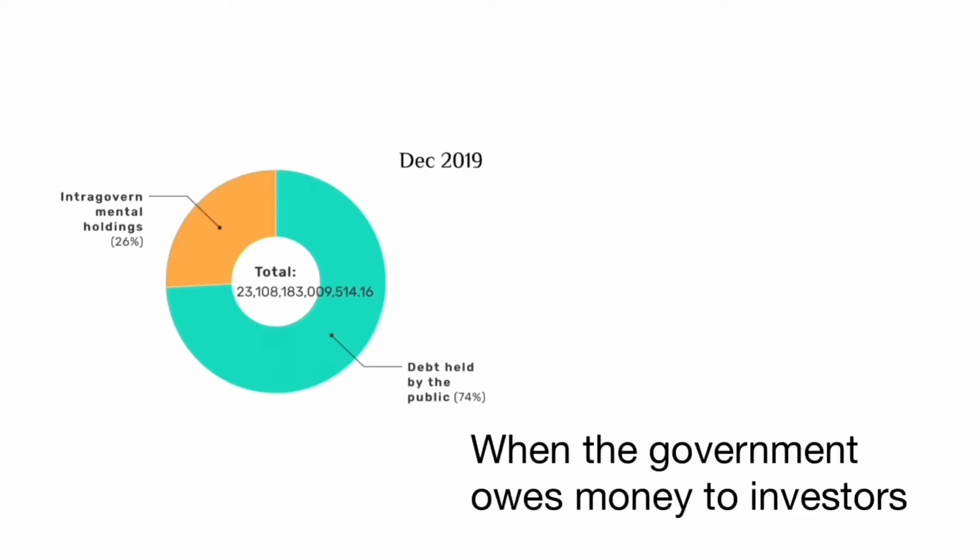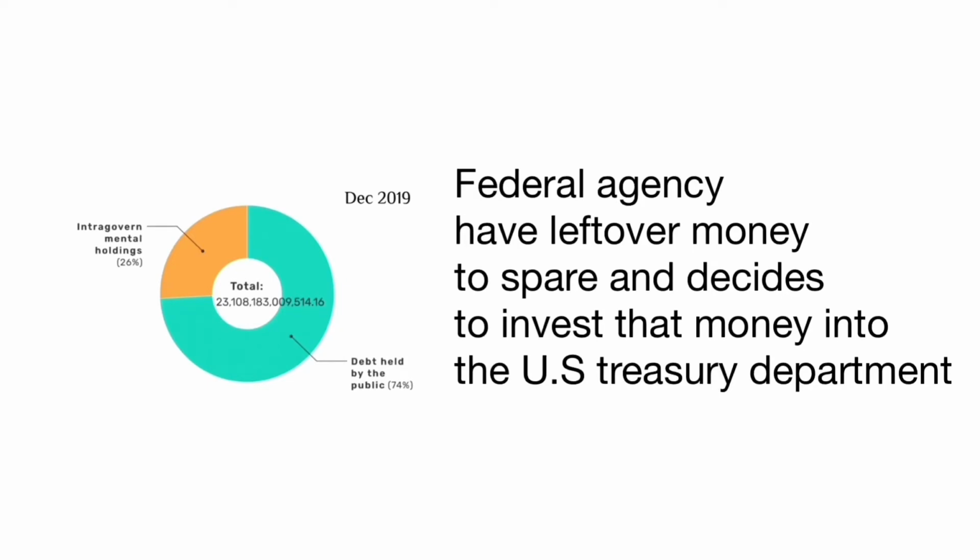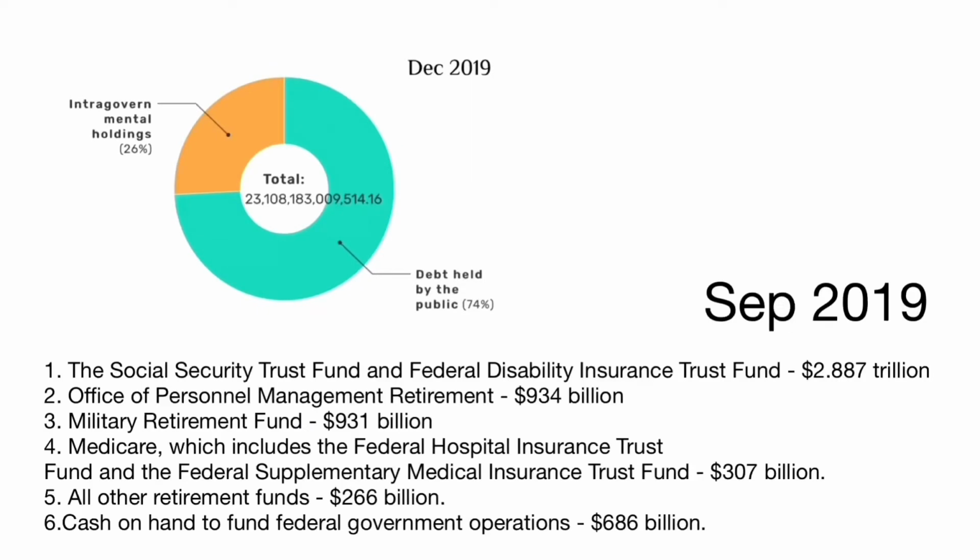It is when the federal government owes money to its investors. The intergovernmental debt is basically when a federal agency has more than enough money and decides to put the extra money into another agency. For example, Social Security has more than enough money, so it lends it to the U.S. Treasury Department, which causes the intergovernmental debt.